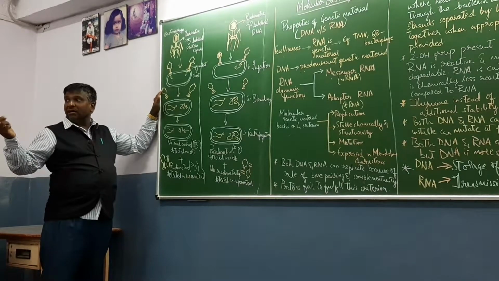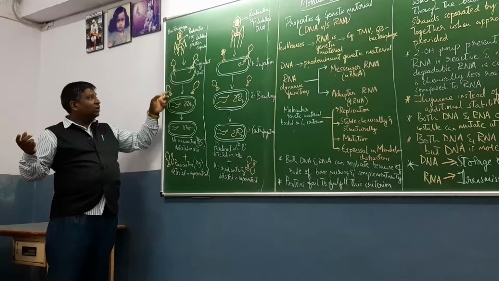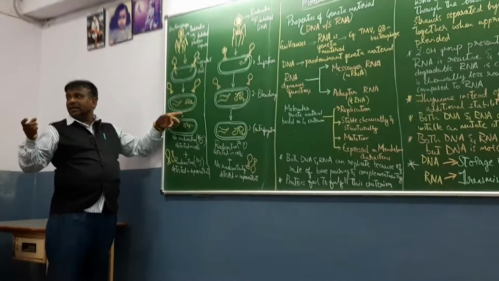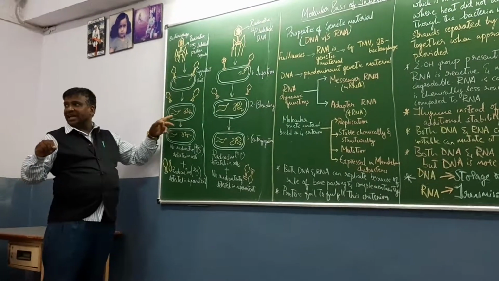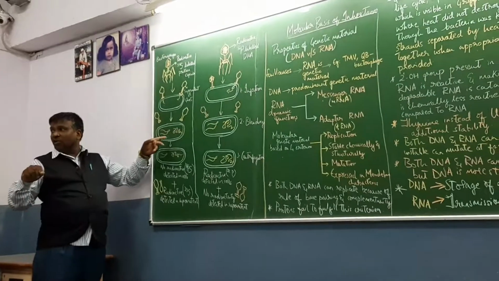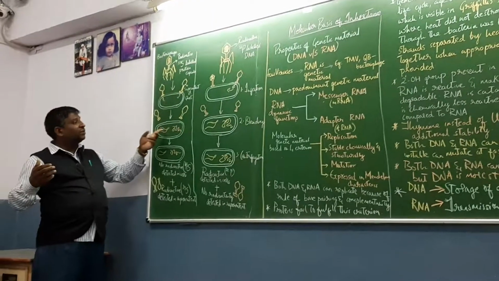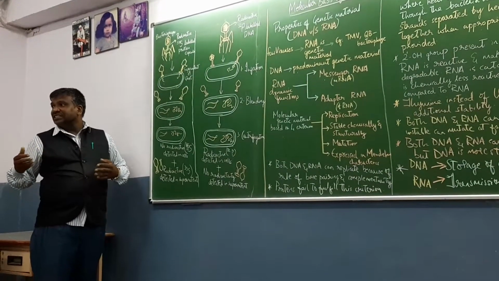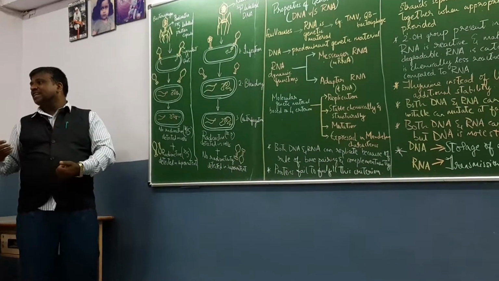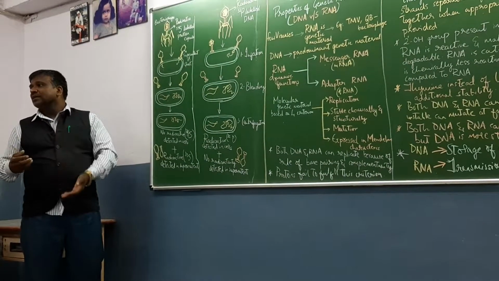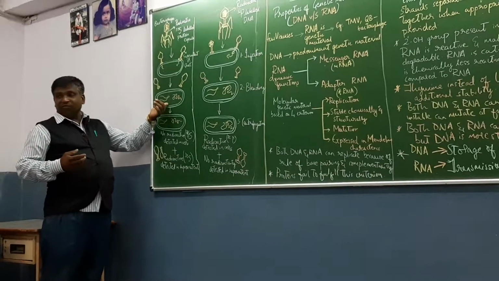If this radioactive protein capsule was the component which infected the bacteria, then it should be inside. But it is not found within the bacteria. There is no radioactive sulfur within the bacteria, which indicates that protein is not the genetic material. Protein doesn't cause the infection.